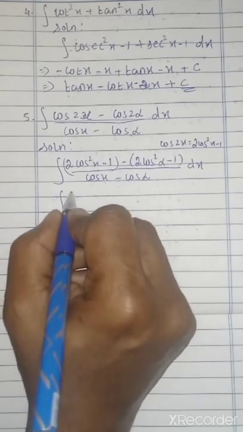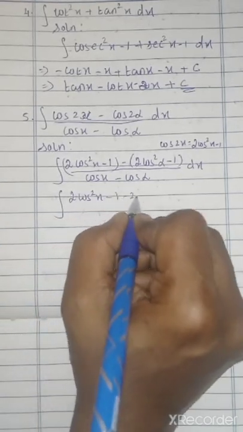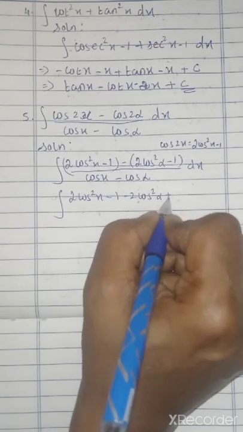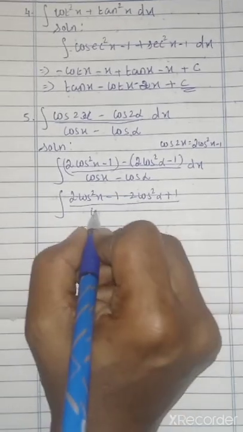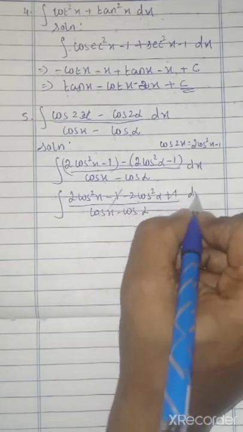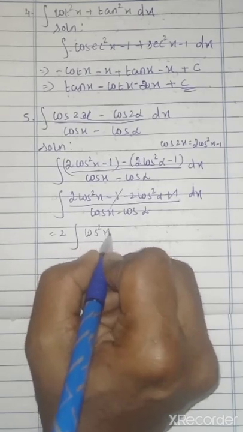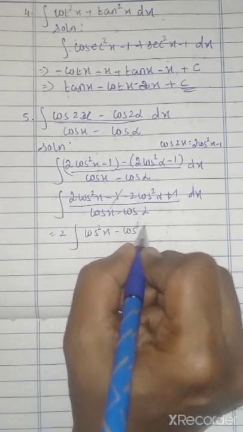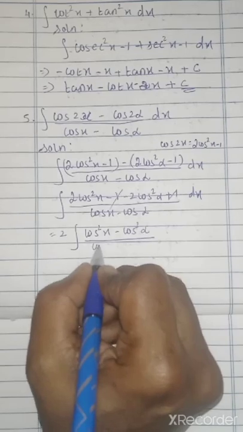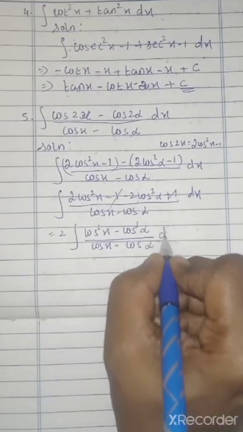So we can take this as integral 2 cos square x minus 1 minus 2 cos square alpha plus 1 divided by cos x minus cos alpha. Plus 1 minus 1 will get cancelled. 2 also we can take it out. So cos square x minus cos square alpha by cos x minus cos alpha dx.